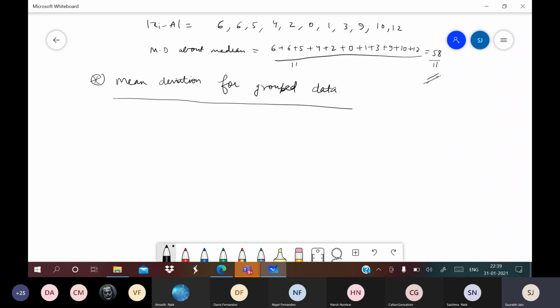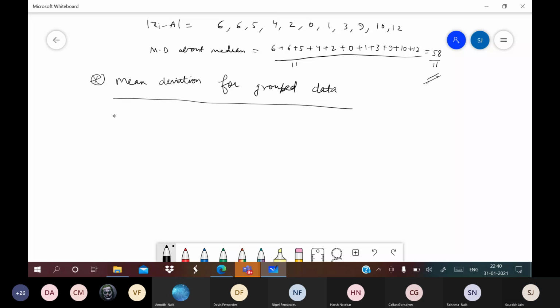Then there was something called class interval. They used to give some classes like 0 to 10, 10 to 20, like this, and you also used to find mean and median. So for three things, that means for ungrouped data, discrete frequency distribution and continuous frequency distribution, that is class size, you need to know mean and median for each of these. Once you know how to calculate mean and median, then mean deviation will be simple.